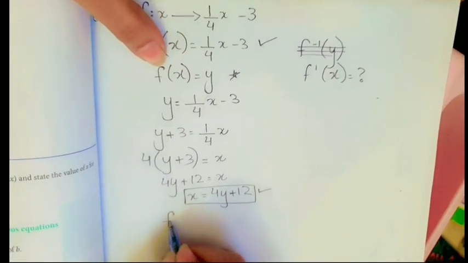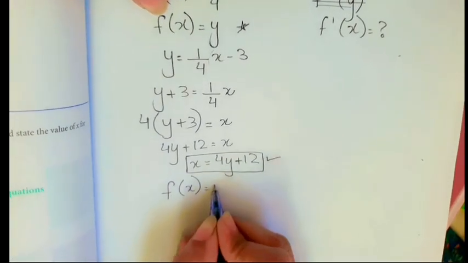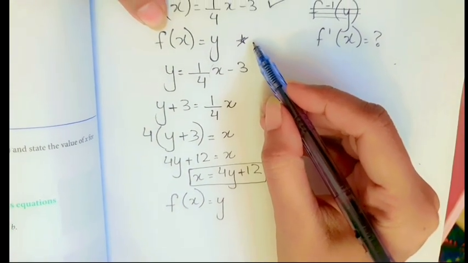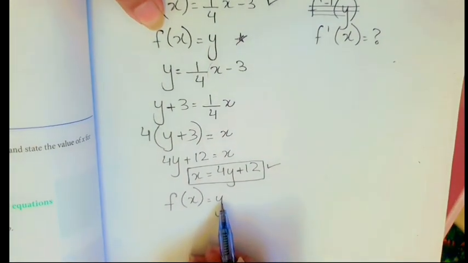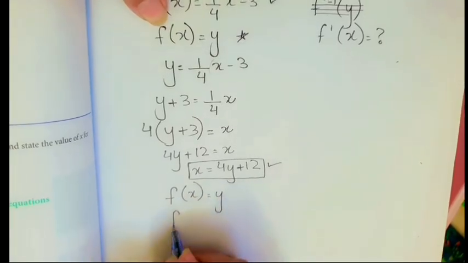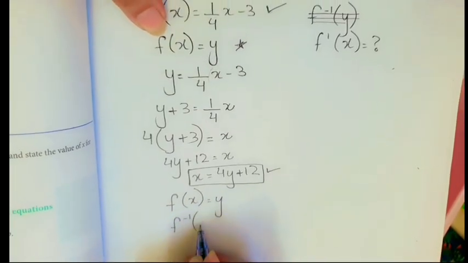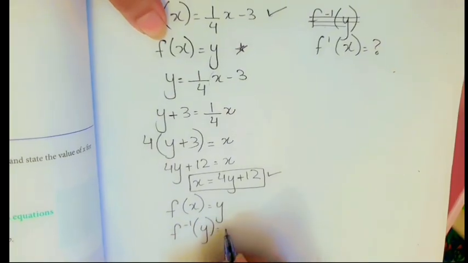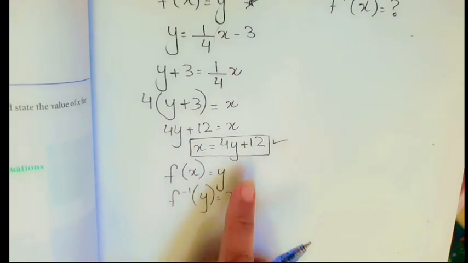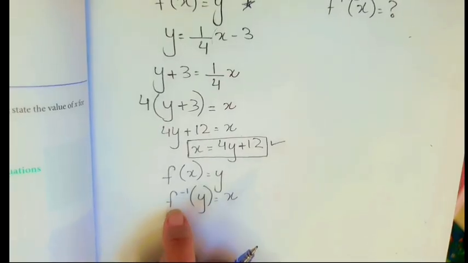We know that f(x) is equal to y. What will happen if I shift y on this side and x on this side? It would be inverse: f inverse of y is equal to x.